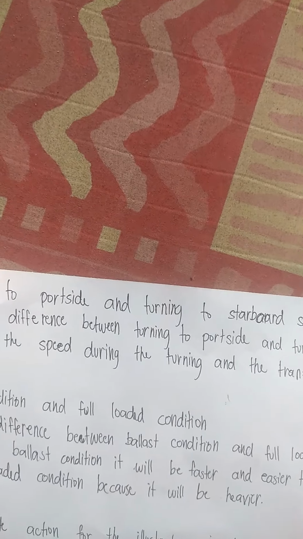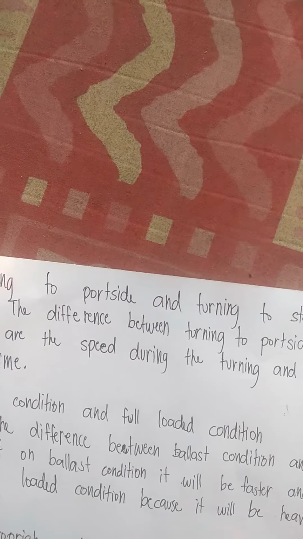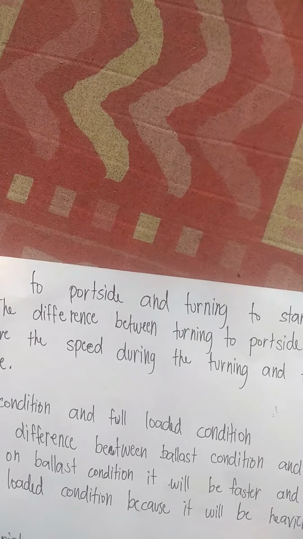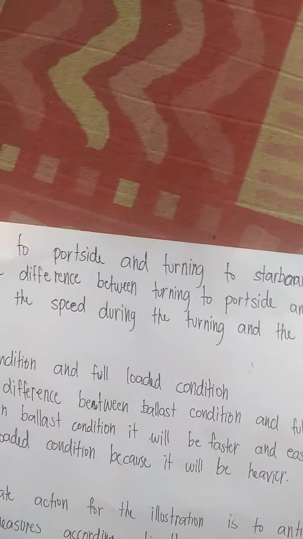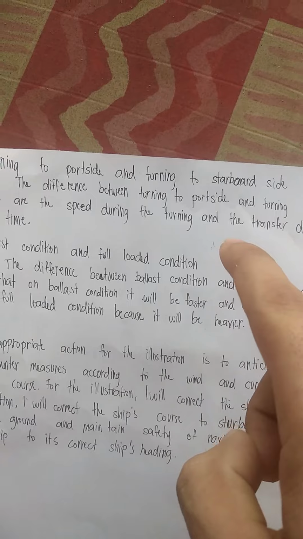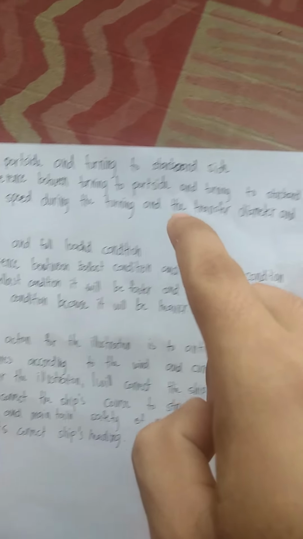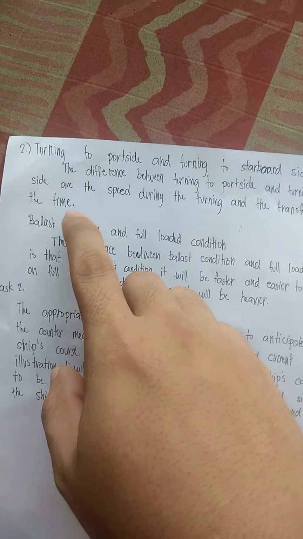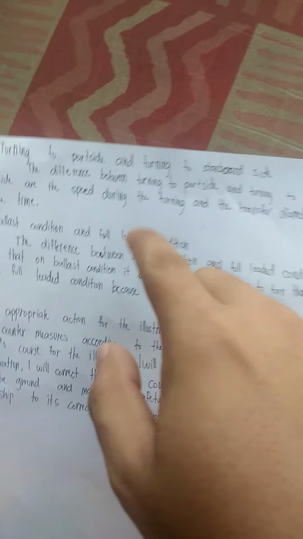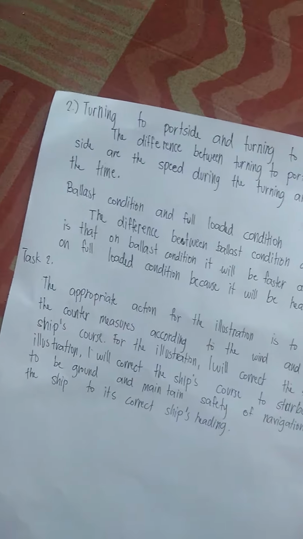2, discuss comparing the difference of its turning circle between turning to port side and turning to starboard side, ballast condition, full loaded condition. The difference between turning to port side and turning to starboard side are the speed during the turning, the transfer, diameter, and the time.